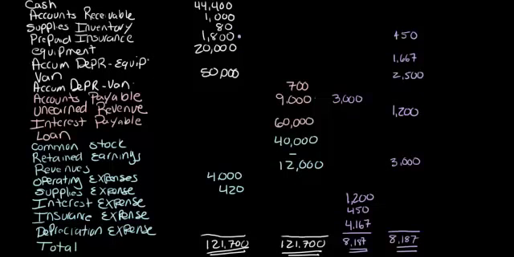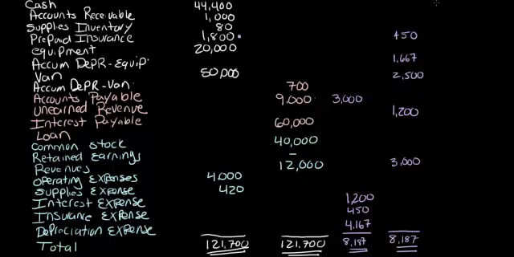Now, the last piece in the process is to create the adjusted trial balance. All that does is add the debits and the credits, and adjust them by the adjustments to come up with the adjusted trial balance.